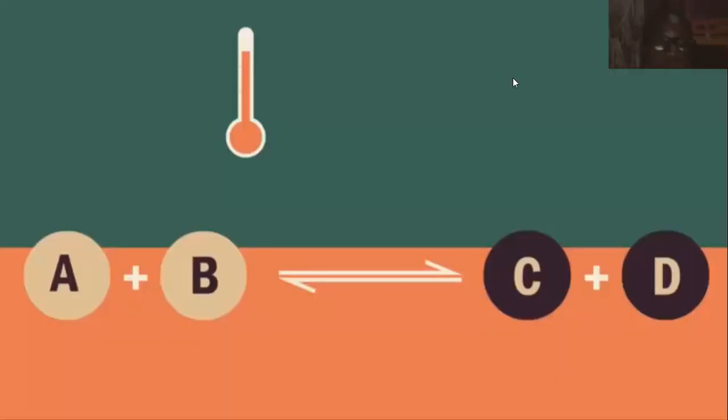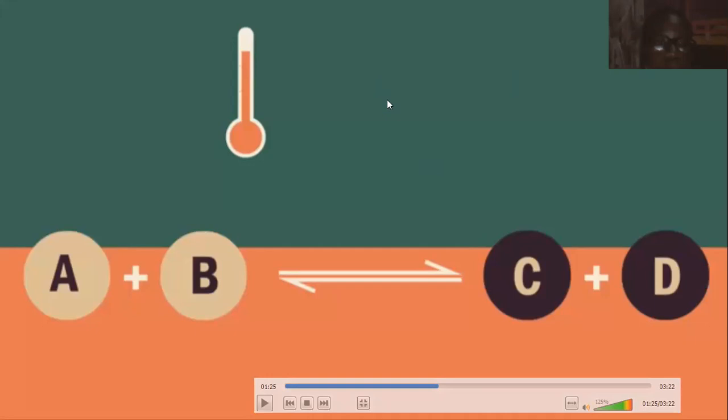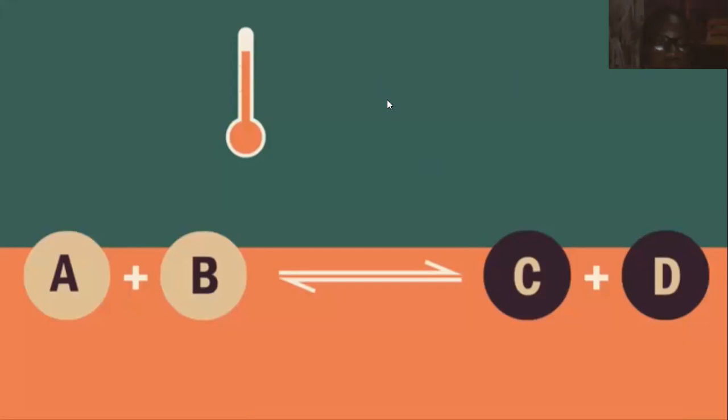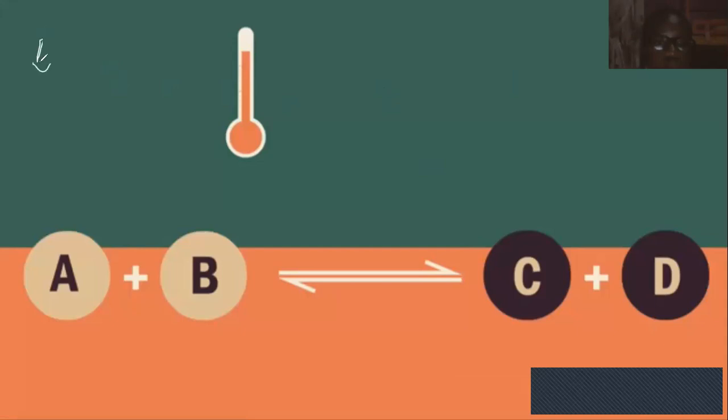Now, remember what we said, that before you can determine the effect of increase in temperature, you must first determine the energetics of the reaction. That means you should check your delta H, your enthalpy.